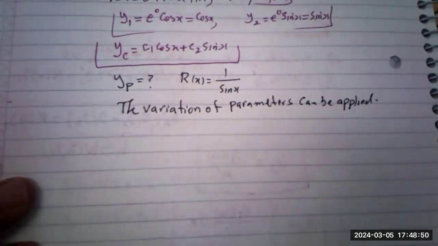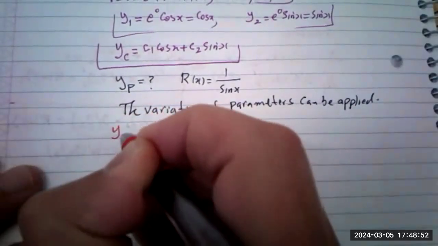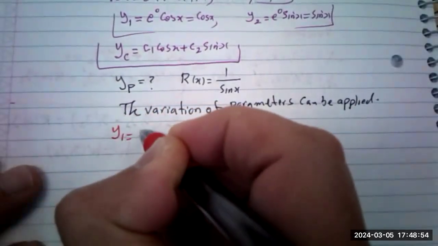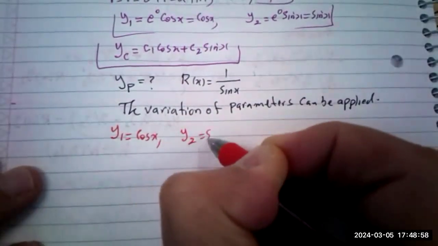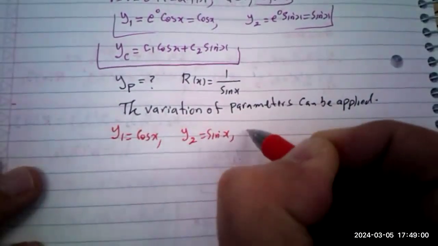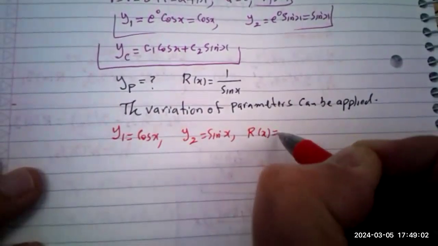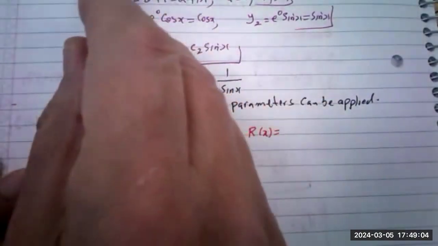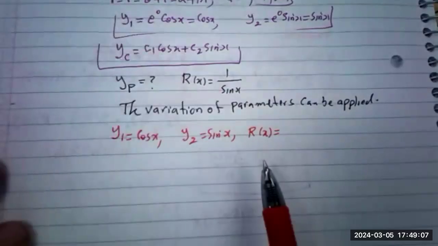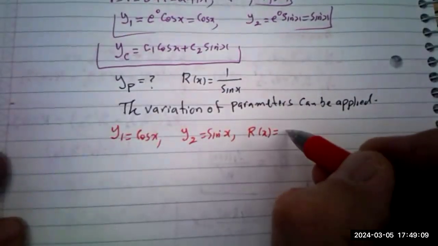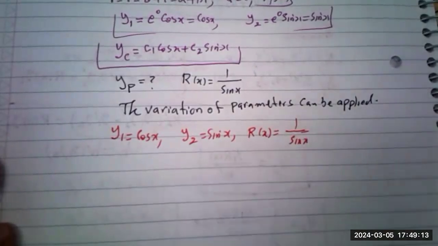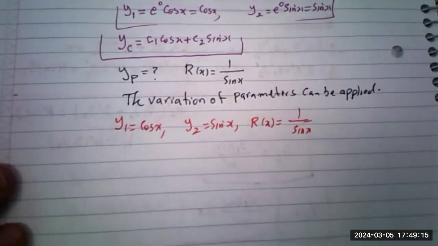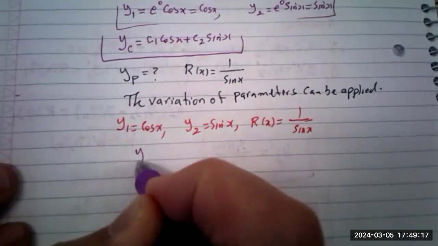So for this method, you identify y1, which is cosine of x, and y2, which is sine of x. For R of x, you check to see if you have to divide by something. The coefficient of y double prime is already 1, so R of x is simply 1 over sine x, or cosecant of x. So you introduce the YP.